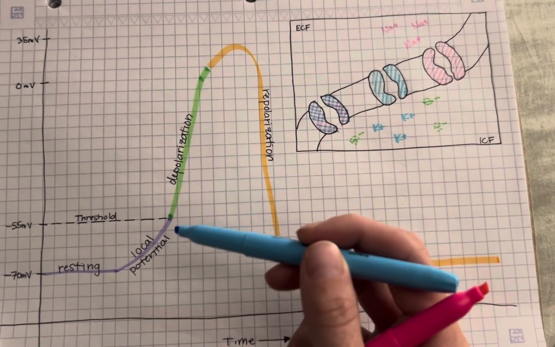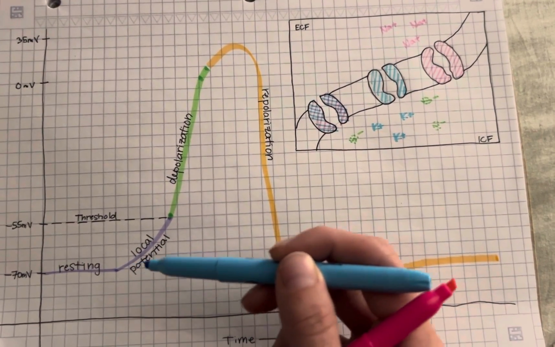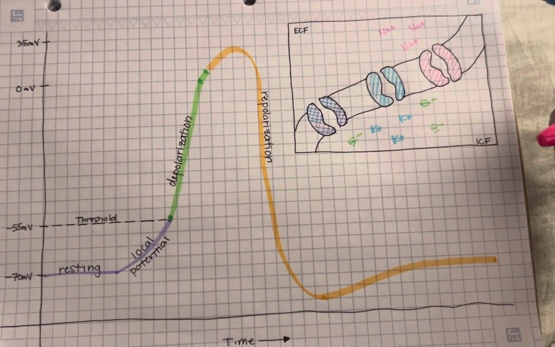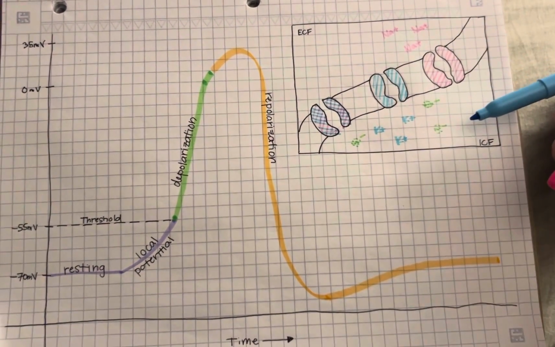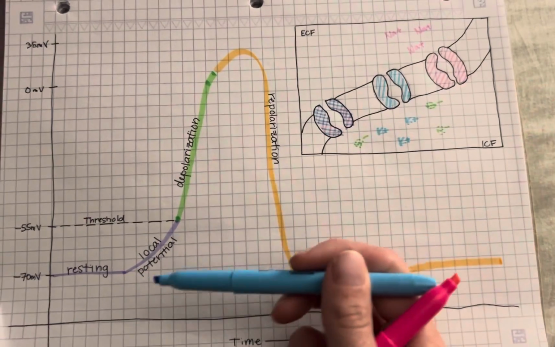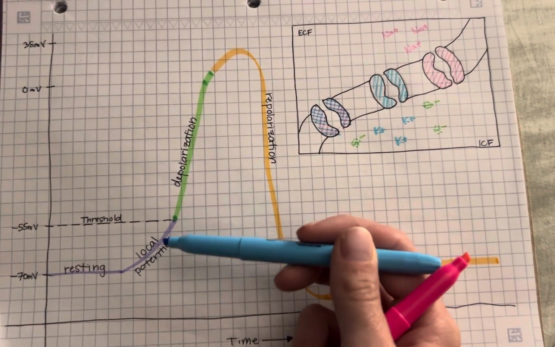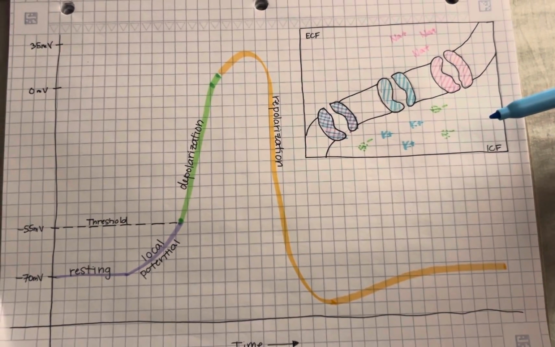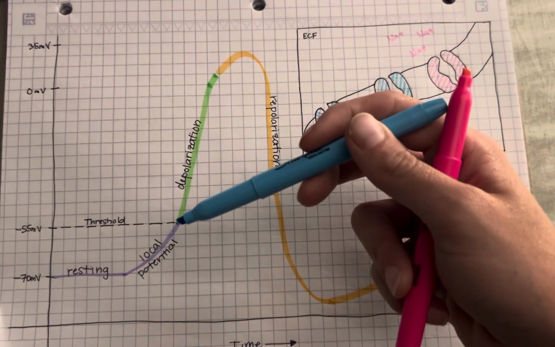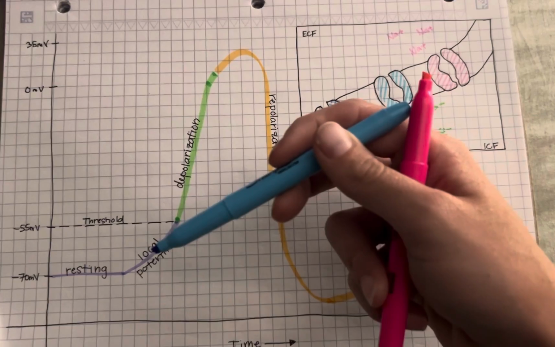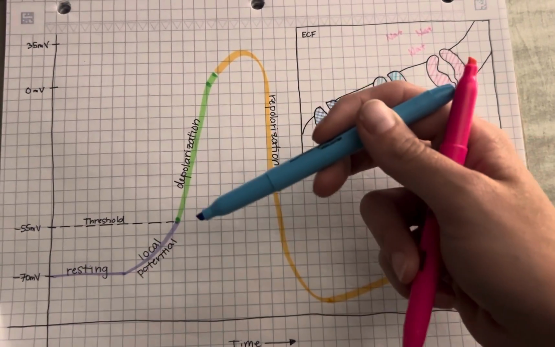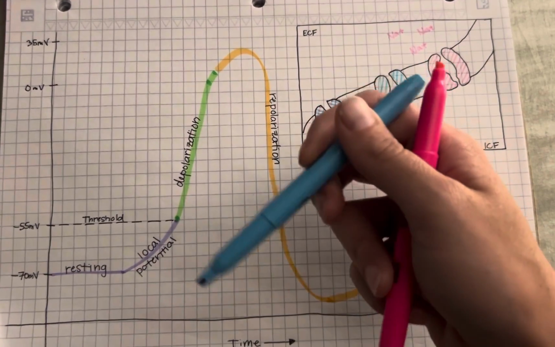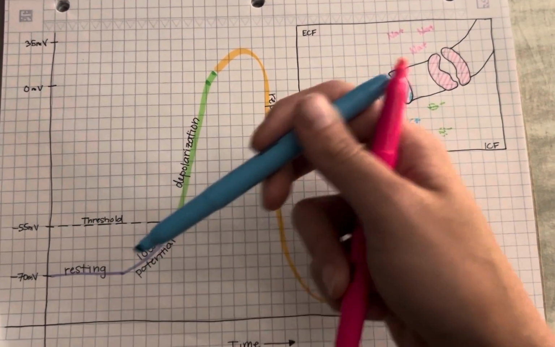This is when a stimulus begins to cause sodium to enter the intracellular fluid, and it may have enough to cause the polarity to change enough where it hits negative 55, however it may not. And if it doesn't, this wave will just kind of bounce back and forth, and that's called our local potential, resting again at negative 70.